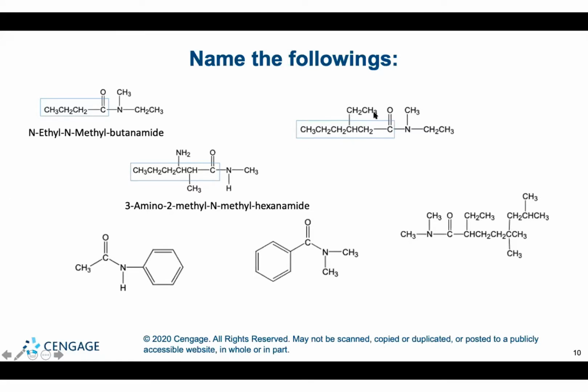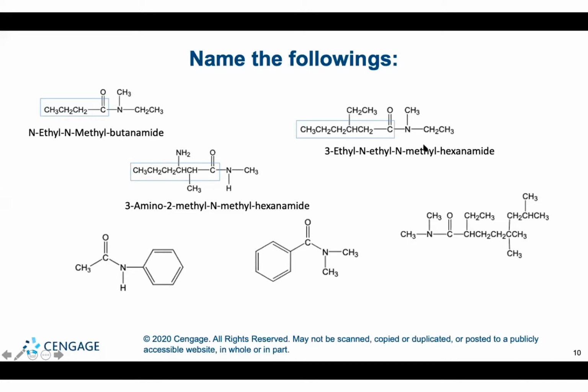We find the longest chain of carbon and we start writing down the branches, and the methyl and ethyl groups attached to nitrogen, alphabetically. So on carbon 3, I have an ethyl group: 3-ethyl, N-ethyl, N-methyl hexanamide.